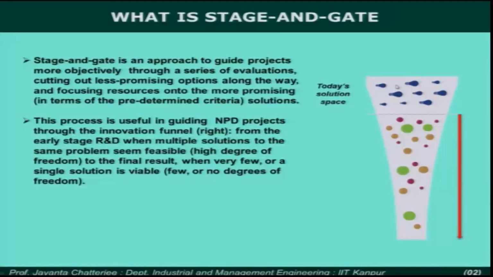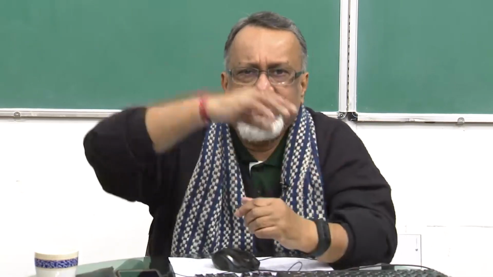That means at the early stage, when there are a large number of ideas in response to a large number of identified opportunities, there is obviously a high degree of freedom, and as we have discussed in some earlier session, you are developing a basket of new ideas which can then be graduated into opportunities.